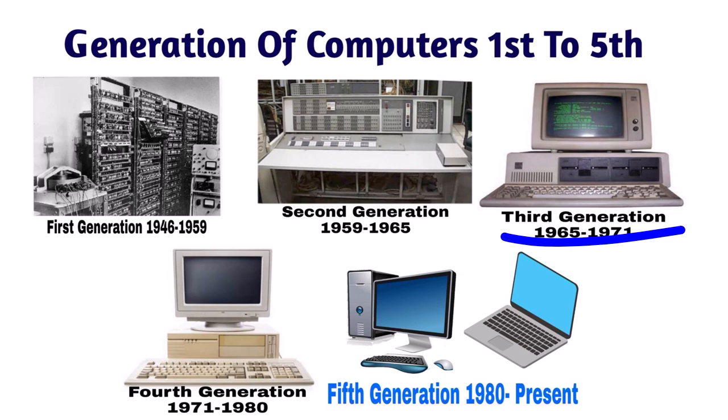So the microprocessor and internet made computers affordable to many different individuals. That is the process whereby the computers are now called PCs, which is personal computers, because they are very affordable and very small in size. And currently we are in fifth generation computers.